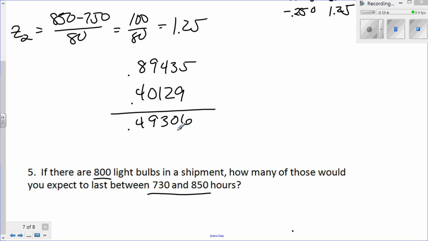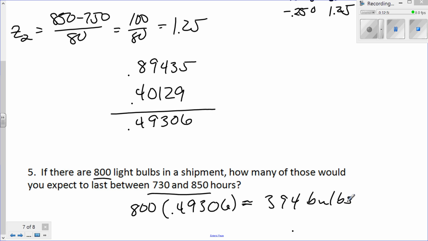So it's going to be 49% of those 800 light bulbs. I'm going to take the 800 light bulbs times the probability, multiply, and I'm going to get about 395 bulbs. So if there are 800 light bulbs, I expect a little under half, 49% of them, which would be 394 bulbs, to have a lifespan in that interval.